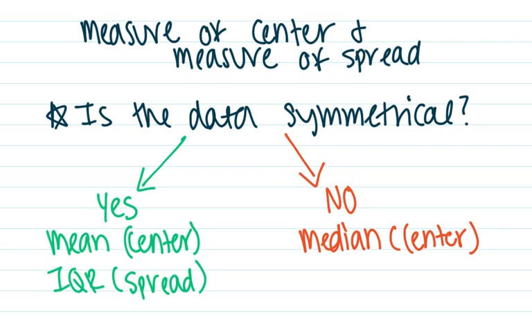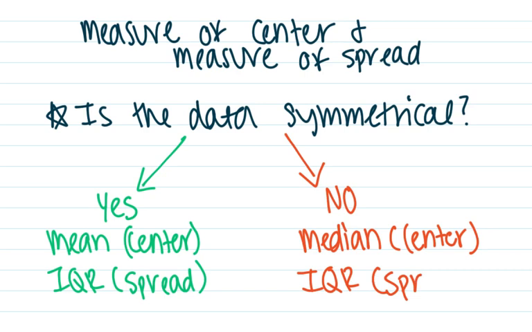So it does not care about big numbers or little numbers. It's going to whittle all of that down to one number in the middle. And so that's really great for when you have data that's not evenly distributed or it's asymmetrical. It will give you a really good idea of that middle number, and it won't be affected like the mean would. And then the spread, you're still going to use the IQR.